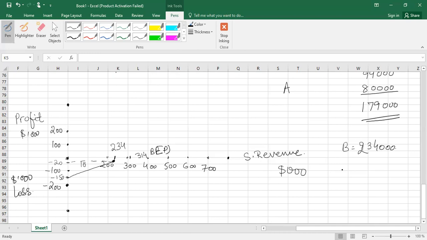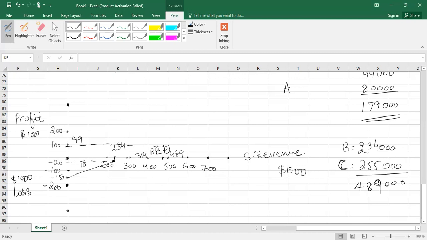But when we sell product C and we earn the revenue of 255,000 along with product B, in total we have earned how much? In total we have earned 489,000 as revenue. So this is the point of 489 where we have the profit of 99.